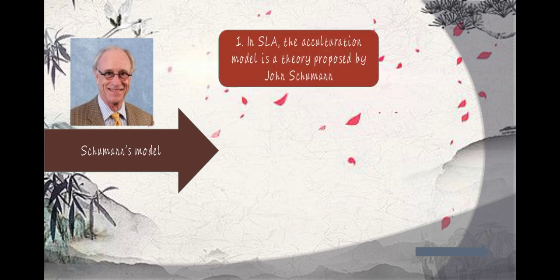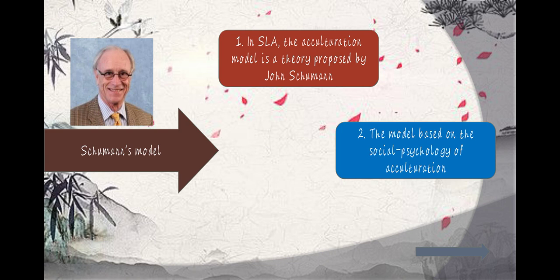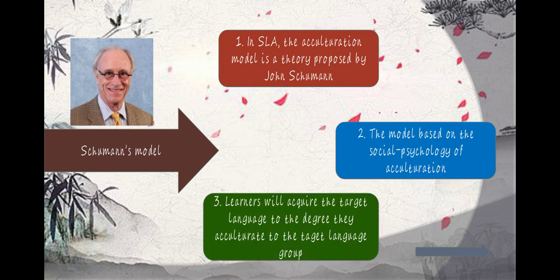In second language acquisition, the acculturation model is a theory proposed by John Schumann. This model is based on the social psychology of acculturation. In this model, learners will acquire the target language to the degree they acculturate to the target language group.